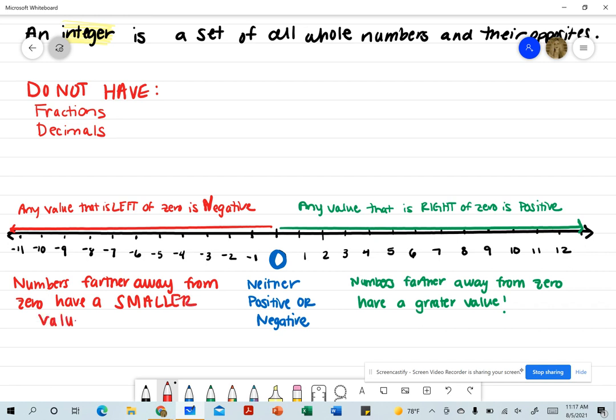Because we're on the negative side, -11 is actually less than -1. So literally the negative side of the number line is a direct opposite to the positive side, right? On positives, the farther away from 0, the greater the value. On negatives, you go the opposite direction for -1, and then you go down, and the farther away from 0, the smaller the value. All right, that's a review of number lines.